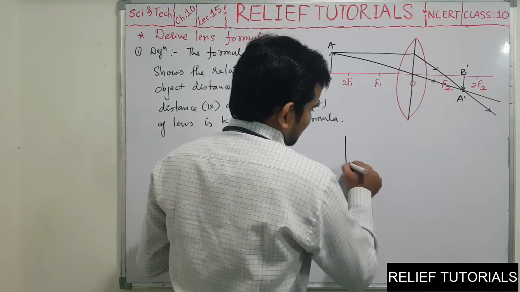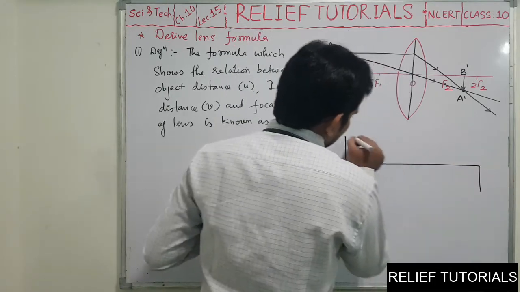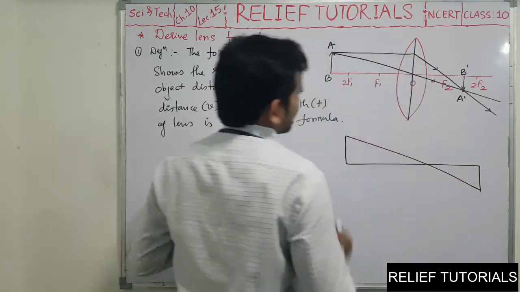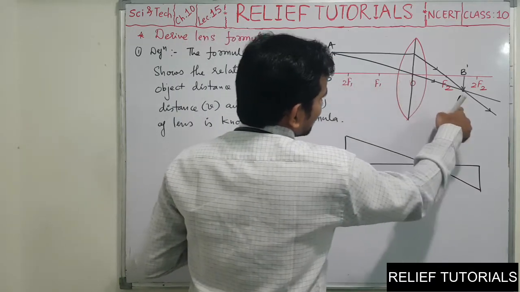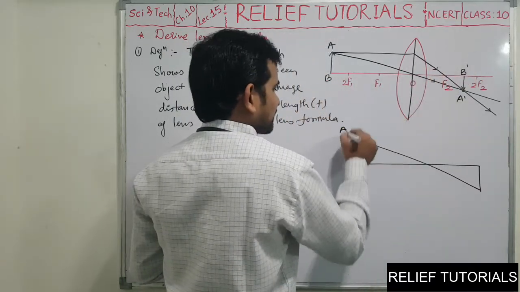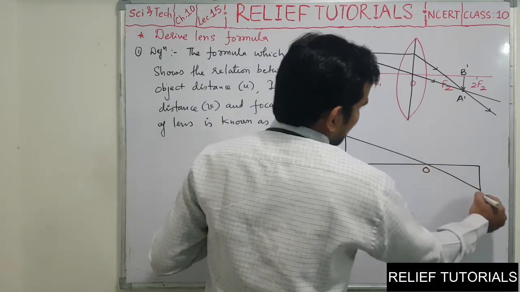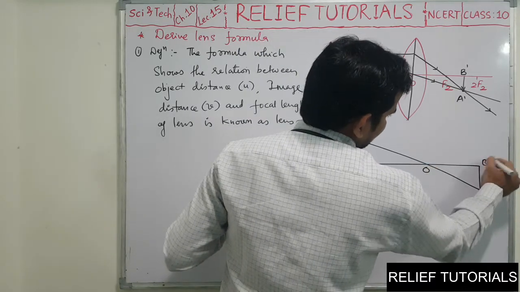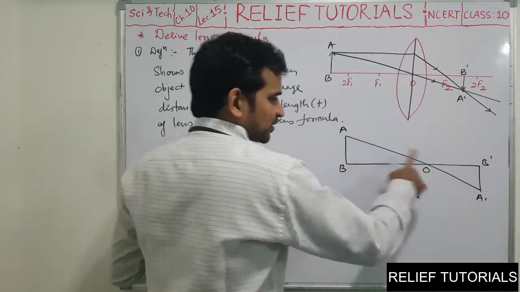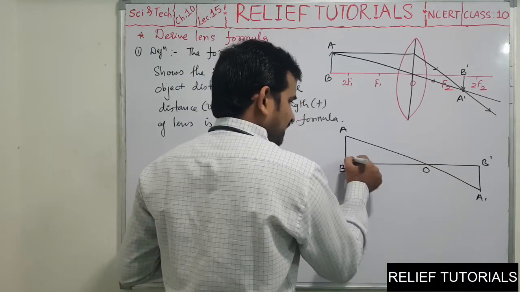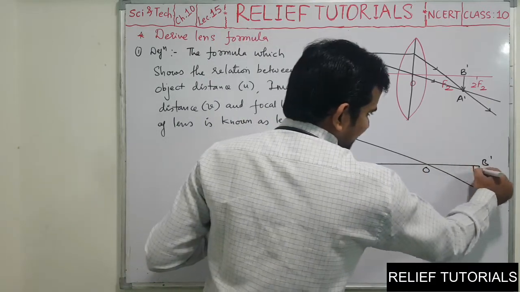So triangle ABO and A dash B dash O are like this. In these two triangles, angle B and angle B dash are right angles.